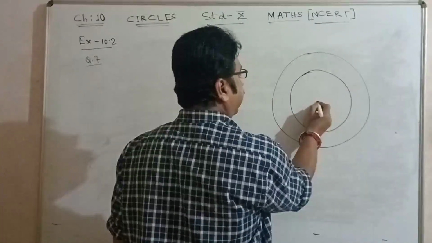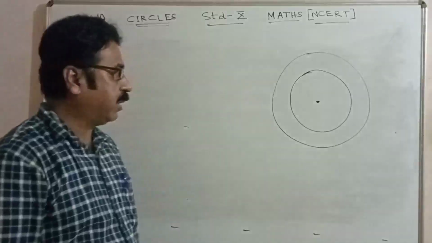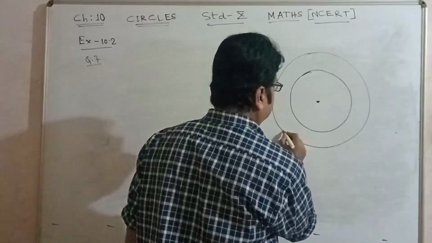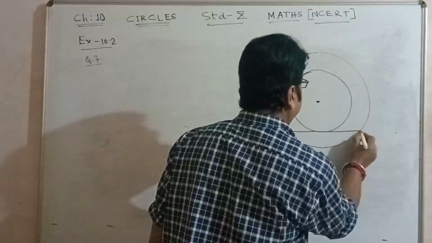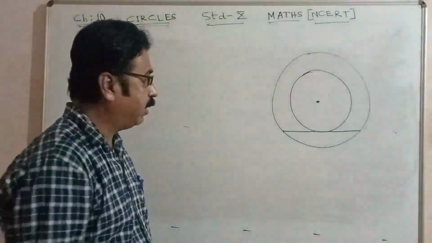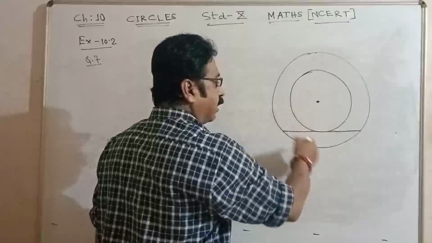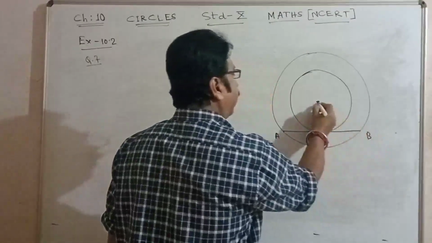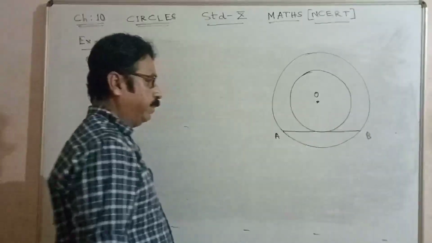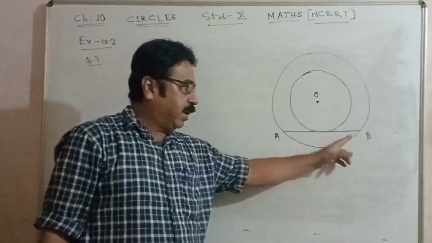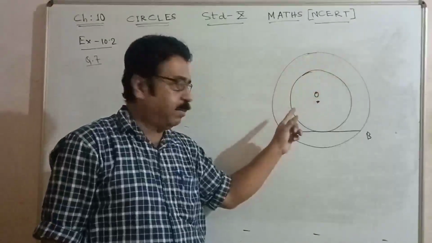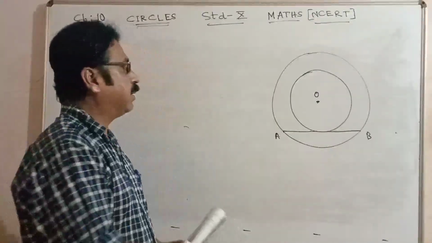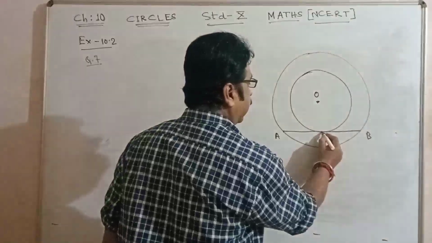Concentric means center is same for both the circles. It is a chord of the larger circle. Suppose it is AB, center is O. AB is the chord of the larger circle and AB is the tangent to the smaller circle. Suppose the point of contact is P.